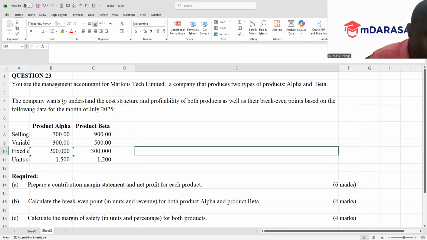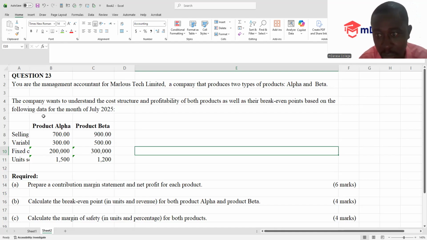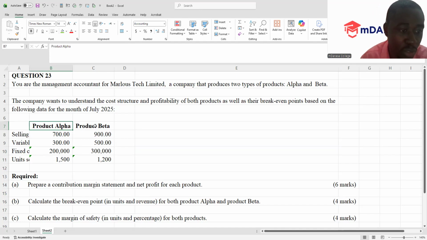We're told you're the management accountant for Malus Tech Limited, a company that produces two types of products, alpha and beta. The company wants to understand the cost structure and profitability of both products as well as their break-even points based on the following data for the month of July 2025. So we are given product alpha and product beta.